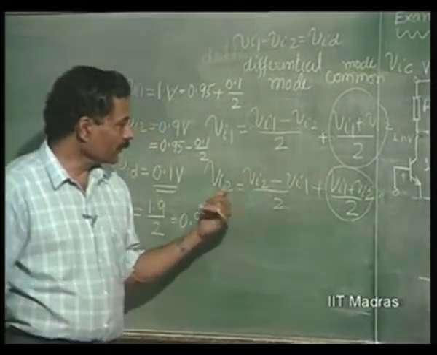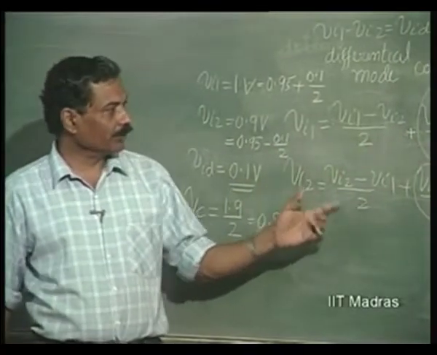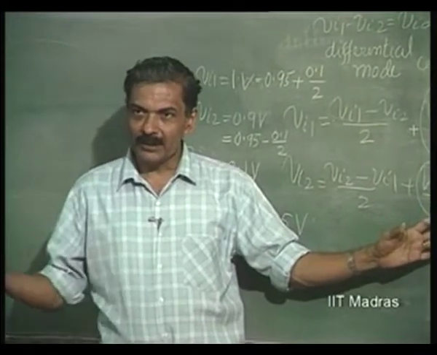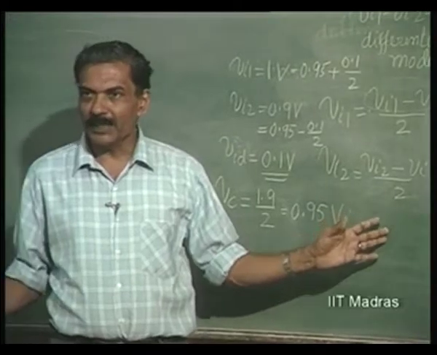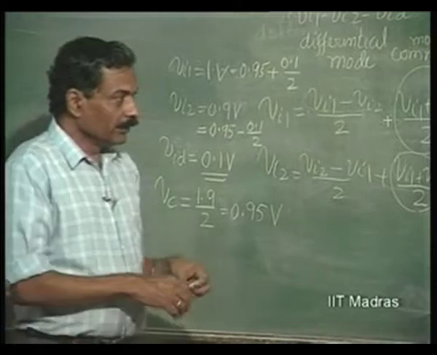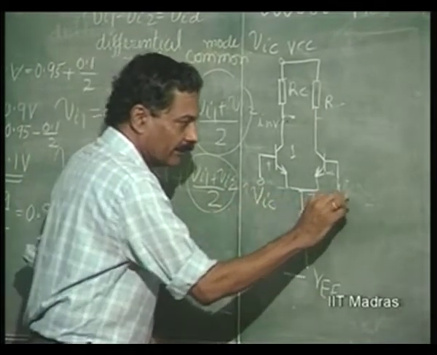That is what I am going to do. Vi1 has been split into two components, Vi2 also. So, I will apply first the common mode voltage, find out the output, and then apply the differential mode voltage, find out the output, and then add. So, this is VIC, this is VIC.